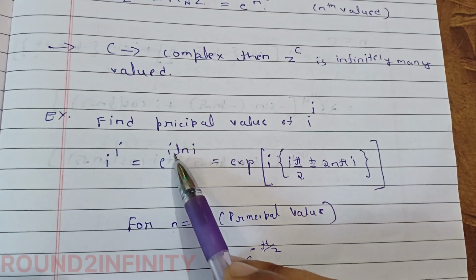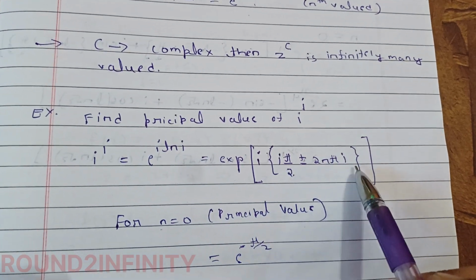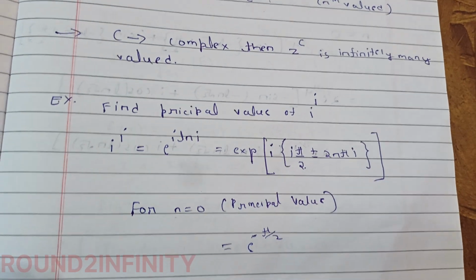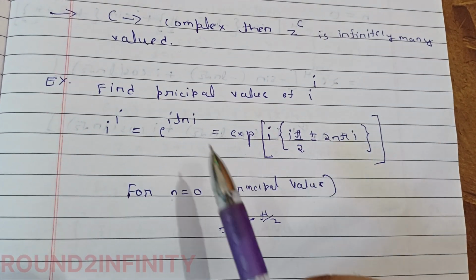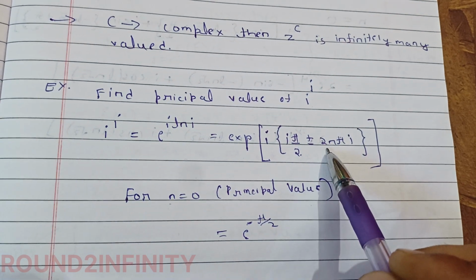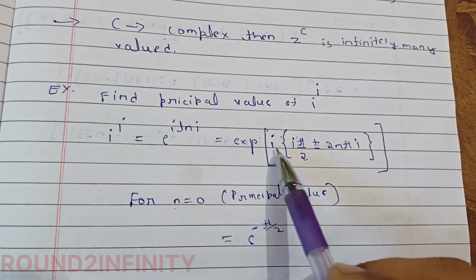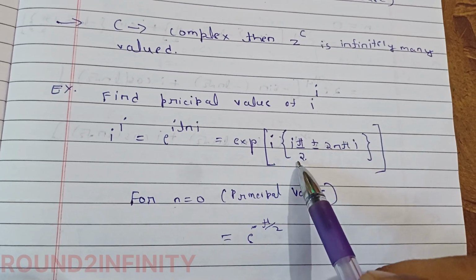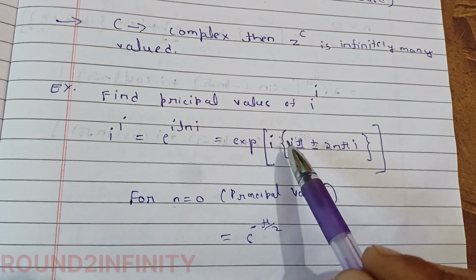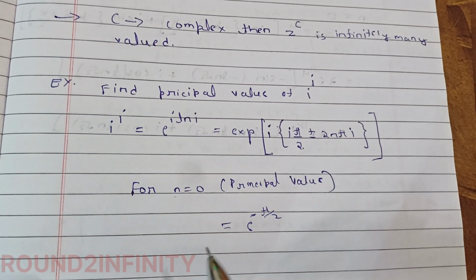So we just solve this log iota, write it here, multiply with iota, and this whole thing is in exponential. Now to find the principal value of iota power iota, you need to put n equal to 0 here. So what you will get, i square pi by 2, this will give you minus pi by 2. So for n equal to 0, iota power iota will be exponential of minus pi by 2. So that's how you can find the values.